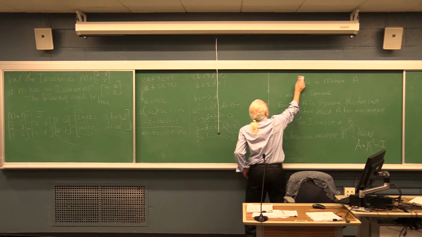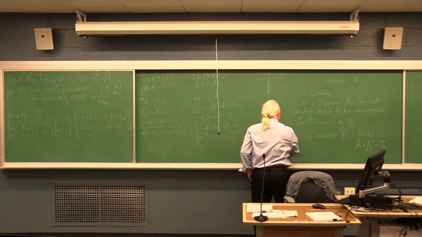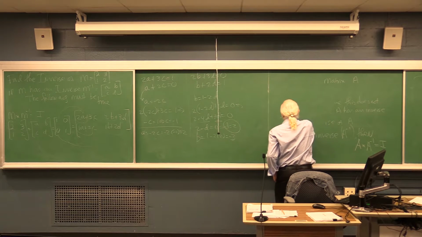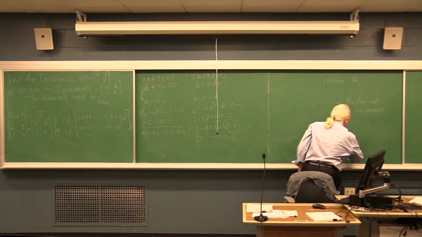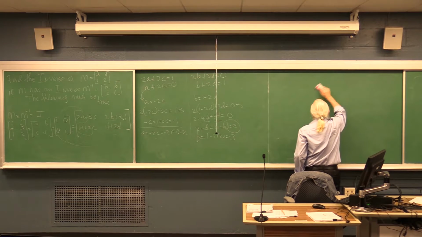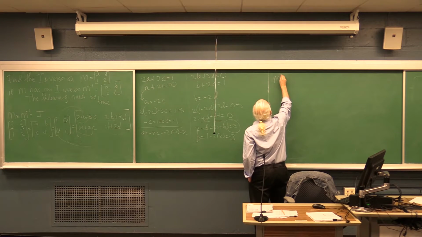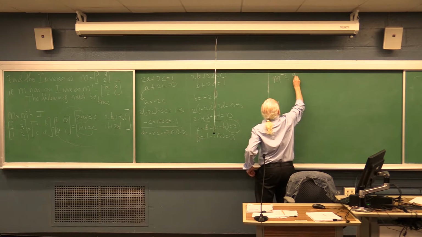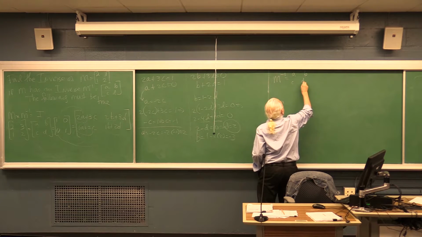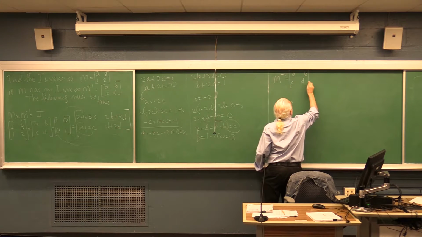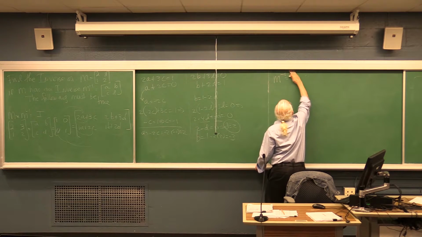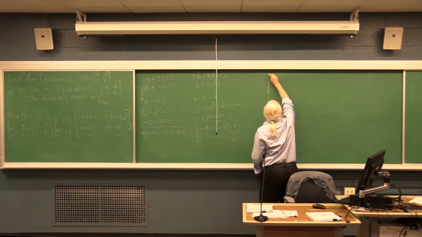So, if I did my calculations correctly, we have the inverse is A, B, C, D, okay? Let me write it below.